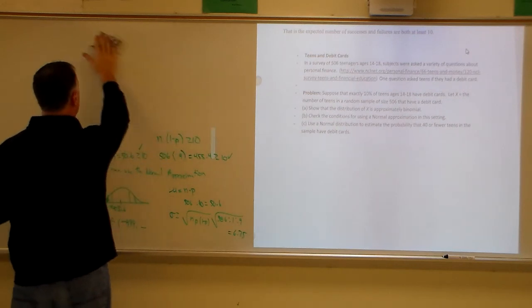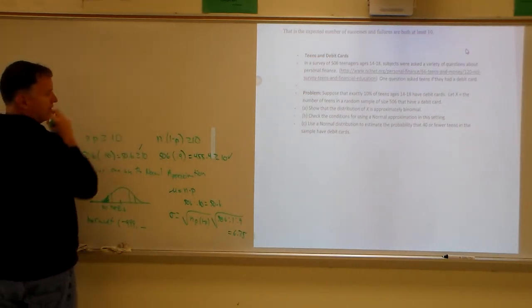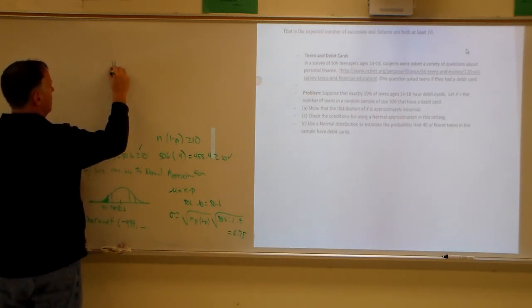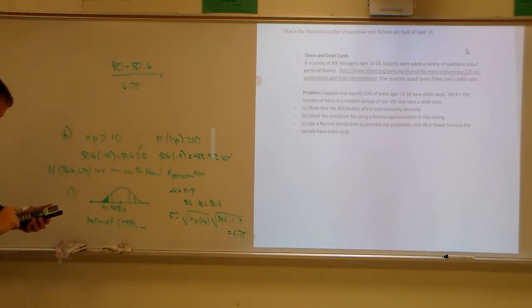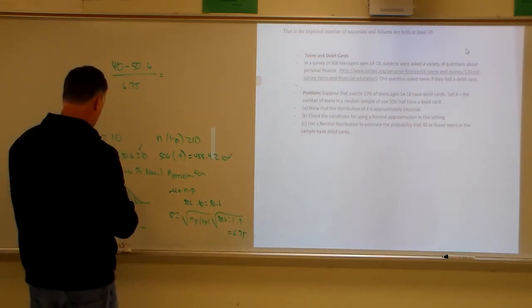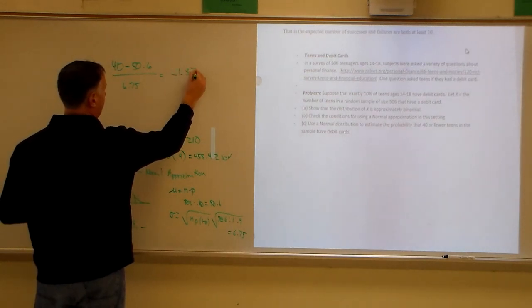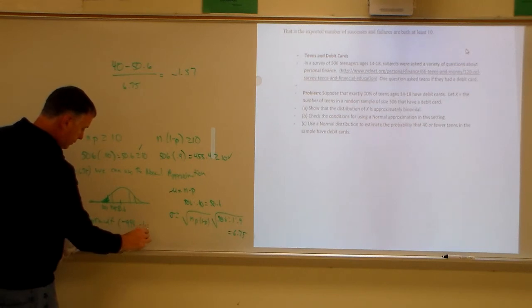So my data value is, what is it, 40? 40 minus 50.6 divided by my standard deviation. So 40 minus 50.6, negative 10.6 divided by 6.75, negative 1.57. So that's what I gotta fill in here.